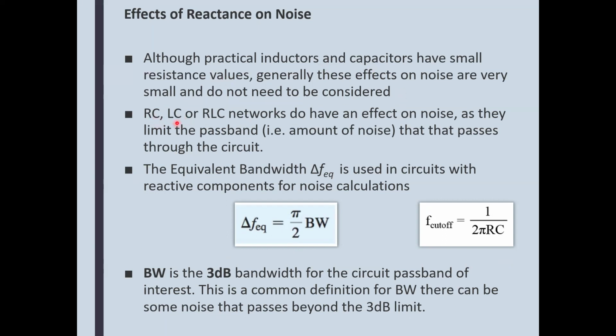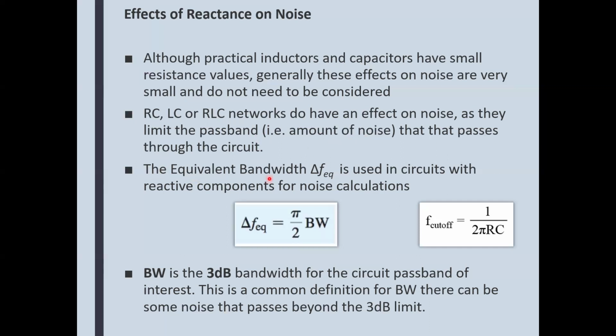The RC, LC, or RLC networks do have an effect on noise as they limit the pass band, because they act as filters, right? So they can eliminate some of the noise, but it's a give and take. It's a double-edged sword because when you eliminate noise, you have to be really careful not to eliminate some of the data with the noise.